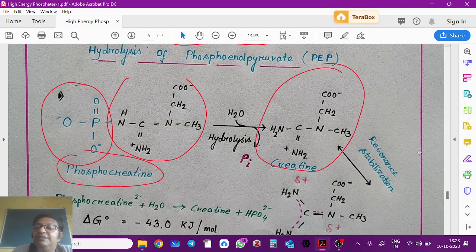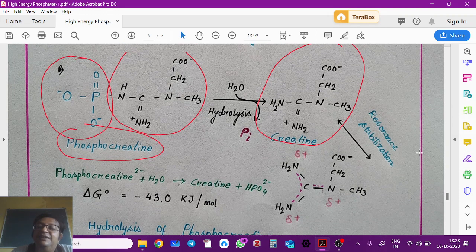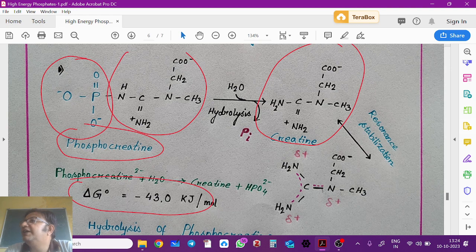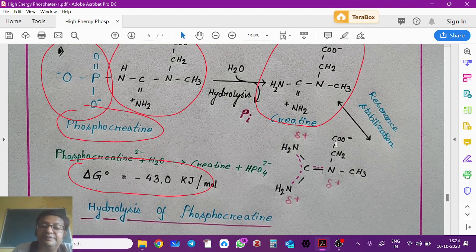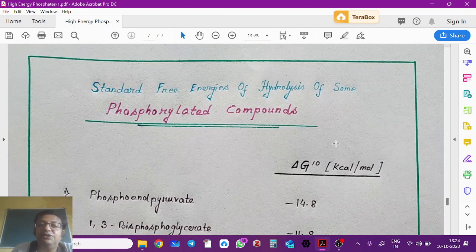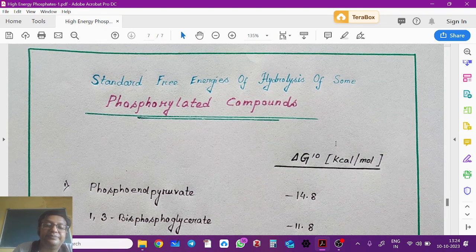This creatinine is stabilized by resonance. As you can see that whenever this double bond is taking place, it's becoming single bond and double bond, single bond and double bond. So creatinine becomes a stable molecule. And you have minus 43 kilojoules, it's not kilocalories, okay, released. So this is hydrolysis of phosphocreatinine.